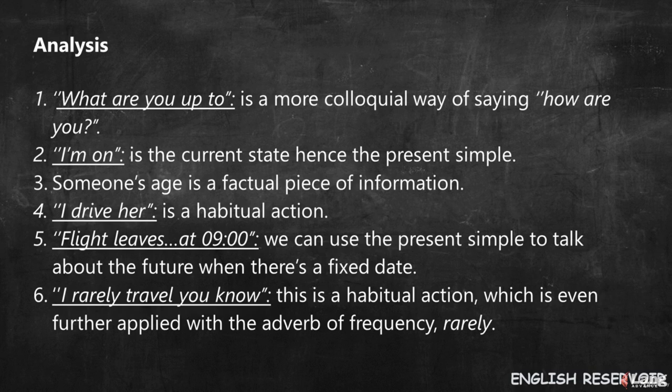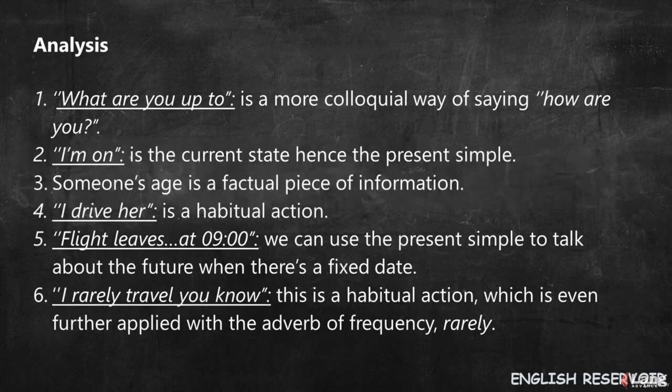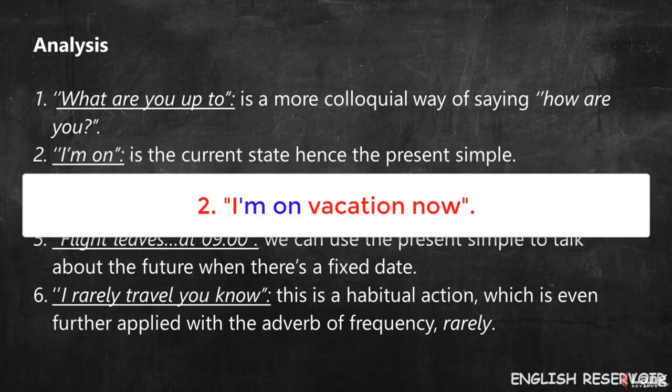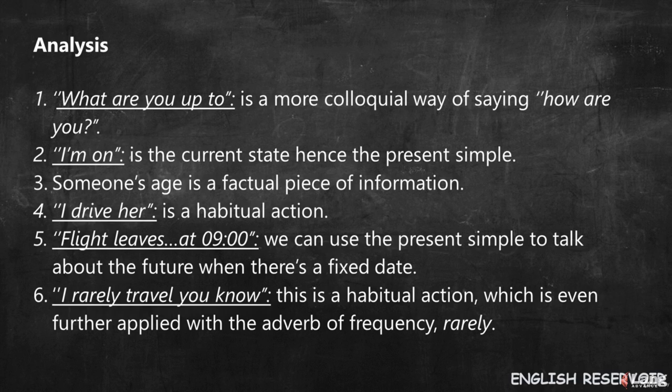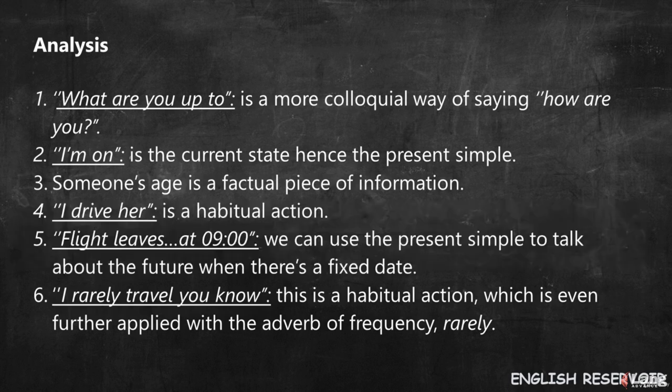Analysis. 1. What are you up to? is a more colloquial way of saying, how are you? 2. I'm on is the current state, hence the present simple. 3. Someone's age is a factual piece of information. 4.